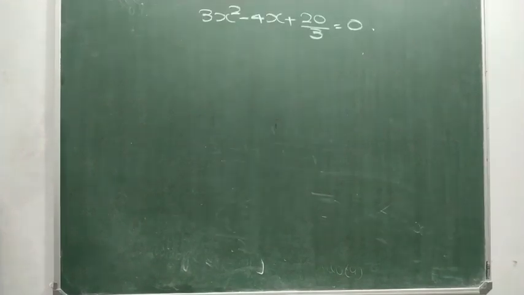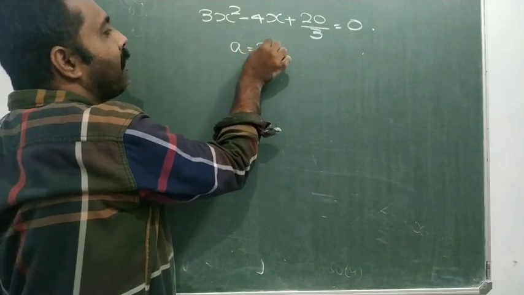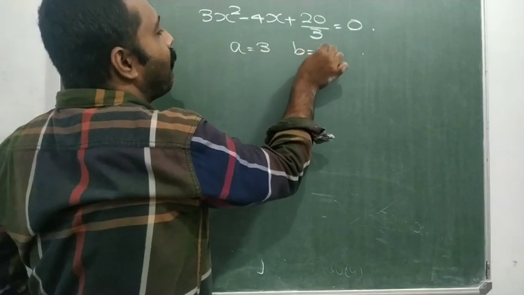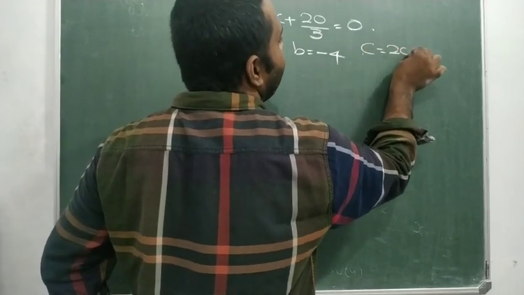Our third question is 3x square minus 4x plus 20 by 3 is equal to 0. Solve the equation. a is equal to 3, b is equal to minus 4, c is equal to 20 by 3.